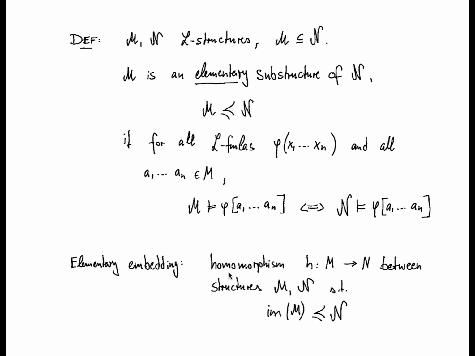And if we can choose a homomorphism so that we can actually embed M into the bigger structure, so that the elementary substructure relation holds, then we call that an elementary embedding.